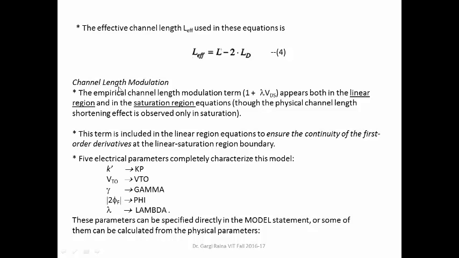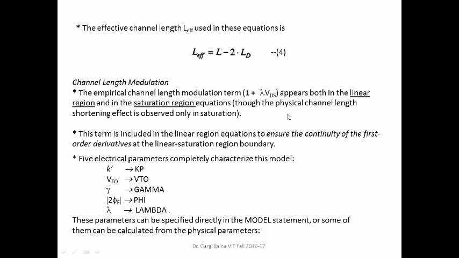Next, the channel length modulation. The channel length modulation term is given by 1 plus lambda Vds, which appears both in the linear as well as in the saturation region, though the actual physical channel length shortening takes place only in the saturation region.